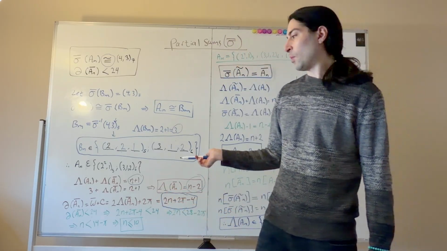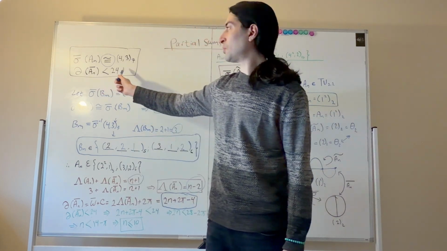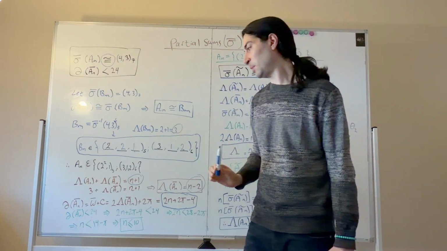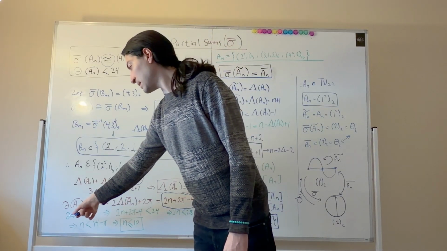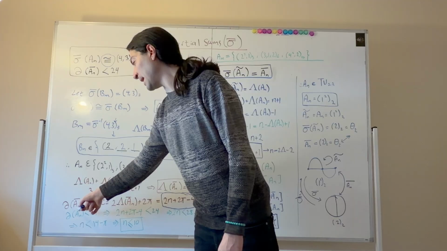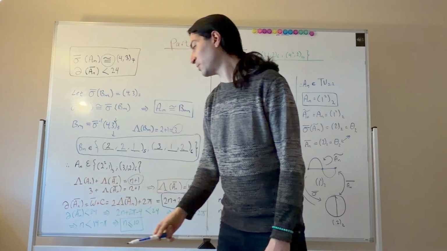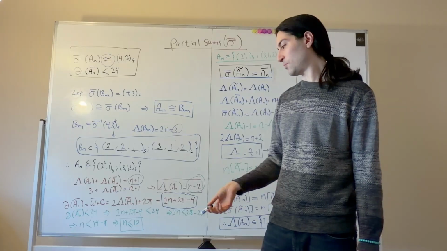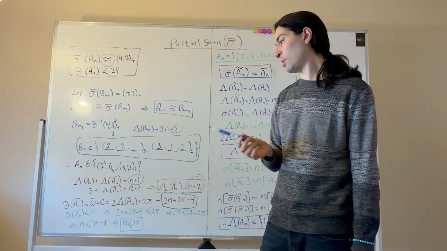Now, we also know that the boundary should be less than 24. That's the condition we established. So the boundary of AN conjugate should be less than 24. So 2n plus 2 pi minus 4 should be less than 24.